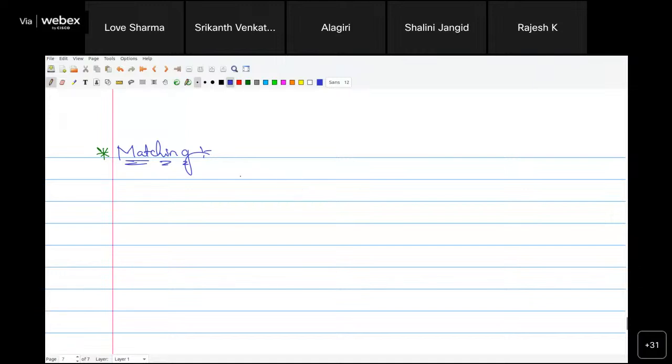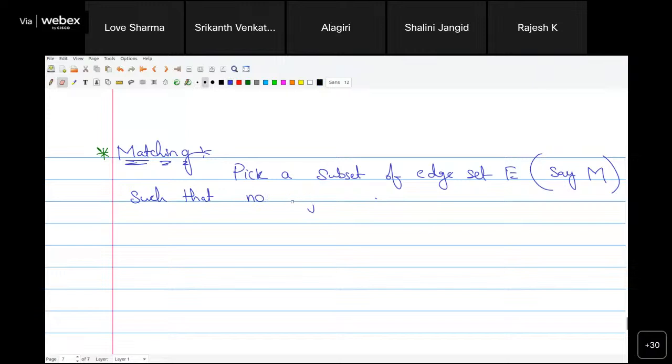So what matching means is you have to pick a subset of the edge set E, let's say M. As this is matching, we represent it as M, such that no two edges that you picked have a common vertex.